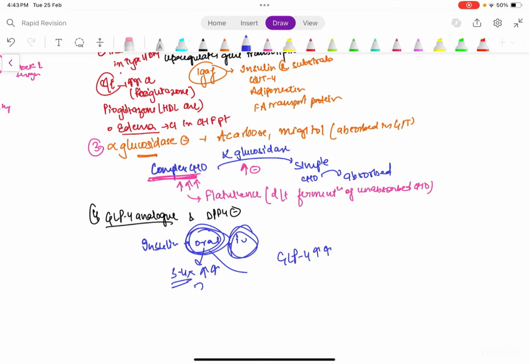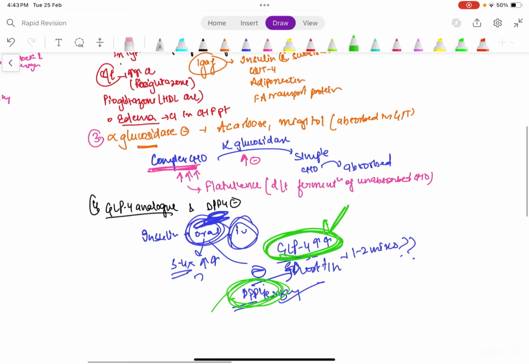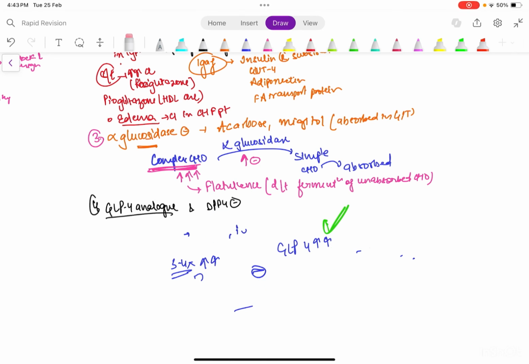So there is an increase in the GLP analogs, but this has a short half-life of 1 to 2 minutes. Why so? Because there's a DPP-4 enzyme which acts on it and metabolizes it. So in short, if we want to counteract diabetes, we need more GLP-1 and less DPP-4. So we give GLP-1 analogs and DPP-4 inhibitors. All right, so this is the short story.